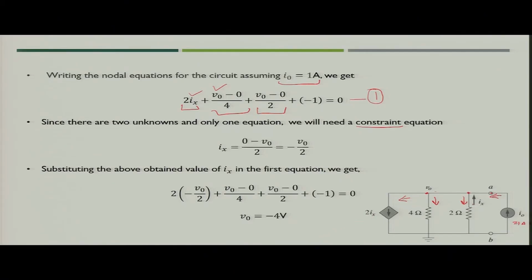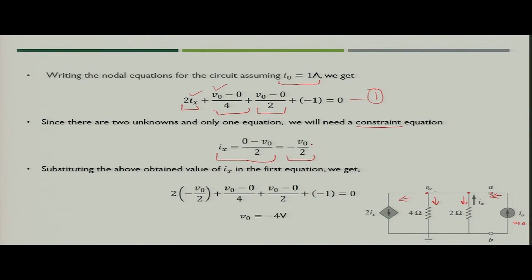Now, the value of I x is nothing but minus V naught by 2, because the direction of I x is opposite to the natural flow of current if voltage V naught is at higher potential than the reference. So, in this way this will become minus V naught by 2.